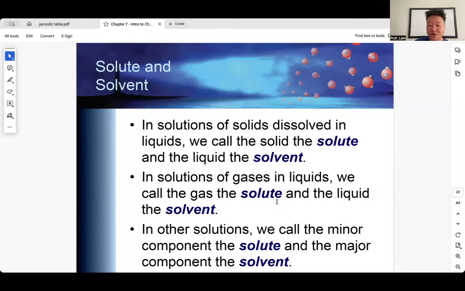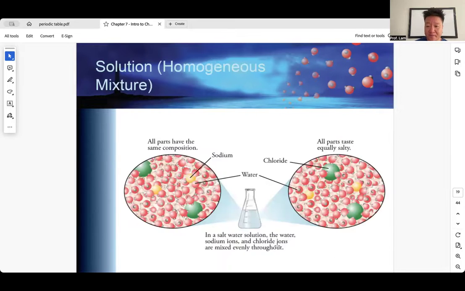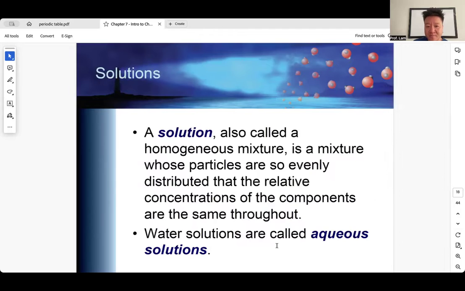Okay, so the solute is the minor component, and the solvent is the major component. Since salt is present in less amount, we call that the solute, and water is present in a greater amount, we call that the solvent. And the whole thing we call an aqueous solution because your solvent is water. Whenever your solvent is water, it's called an aqueous solution, or AQ for short.